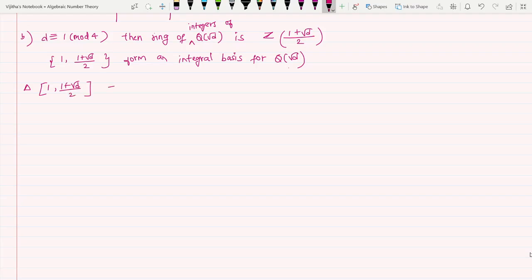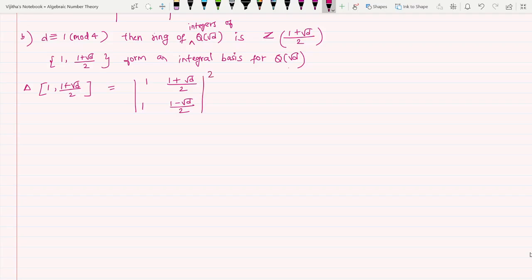Since quadratic fields have degree 2, you will get a 2 by 2 matrix. Discriminant is the determinant of (sigma_i of alpha_j) whole square, where sigma_i are the monomorphisms. Here we will get exactly 2 monomorphisms, and we will get (1 plus root d)/2 and (1 minus root d)/2 whole square.